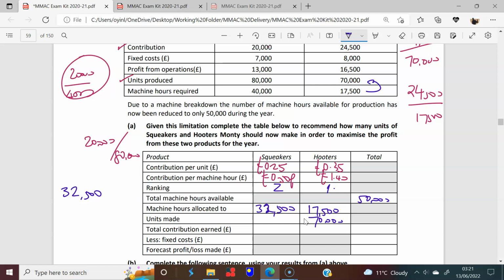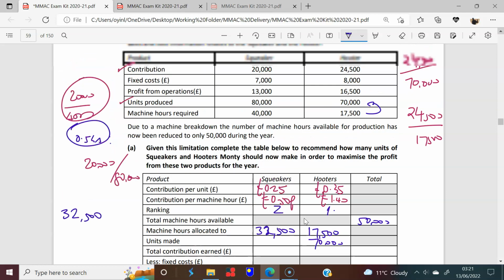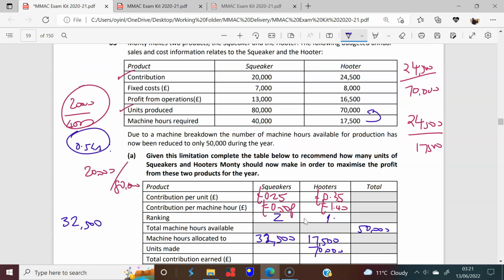Let me be very clear about that: you need 40,000 machine hours to make 80,000 units.